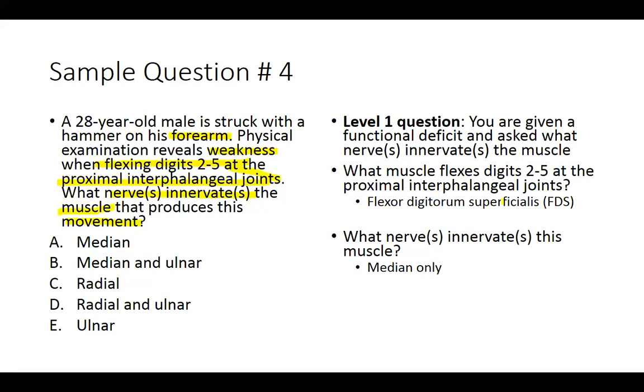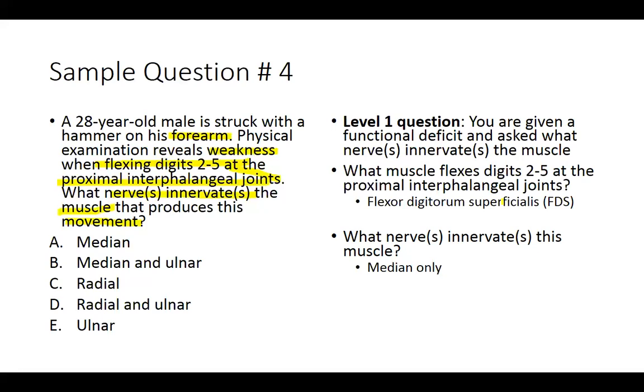So if you remember on the hand, the medial digits 4 and 5, those tendons are going to be innervated by the ulnar. And then digits 2 and 3, those are going to be innervated by the median nerve. That's flexor digitorum profundus. So that's one muscle that's innervated by 2 nerves.